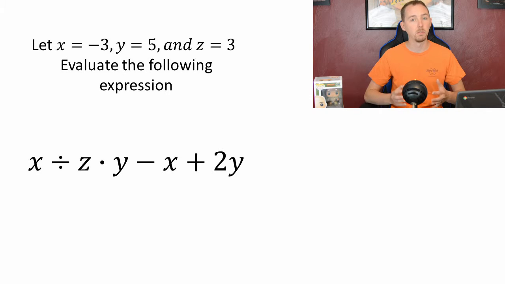And again, evaluating means taking those values, plugging them in, and then simplifying it down to an answer. So what we have is x divided by z times y minus x plus 2y. There's a lot of variables here. They're being reused multiple times. We still plug in those values every time we see an x, y, and z.